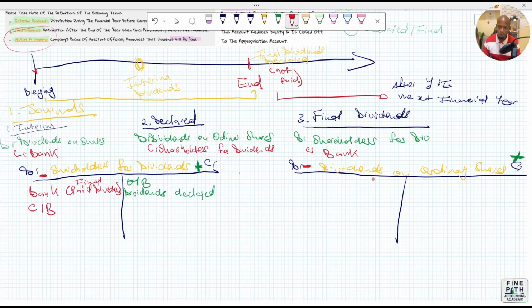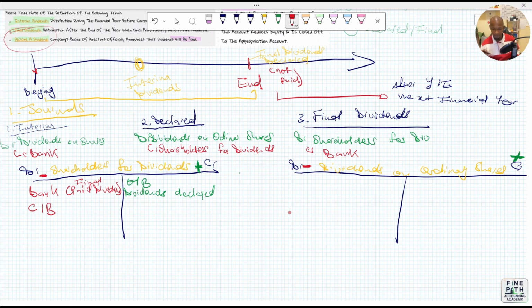And then if we go to this dividends on ordinary shares account, we then need to think as to what is happening, right? There, we had debited this account. We had increased our dividends on ordinary shares there. And then on the other side, we would need to record that.